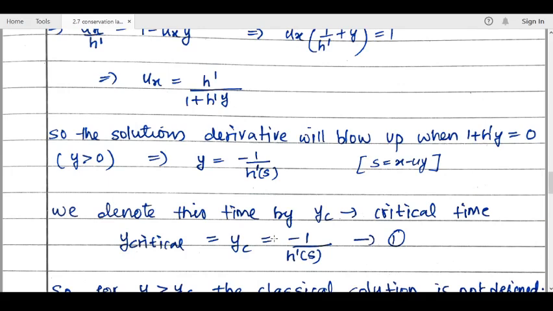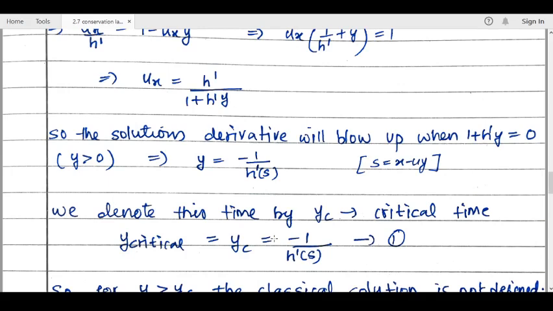Classical solution means the derivatives will be smooth, the solution will satisfy the PDE, it will be continuous and differentiable, there will be no problem for the smoothness. But we see that when y is less than yc, we have a smooth solution, we have a classical solution.